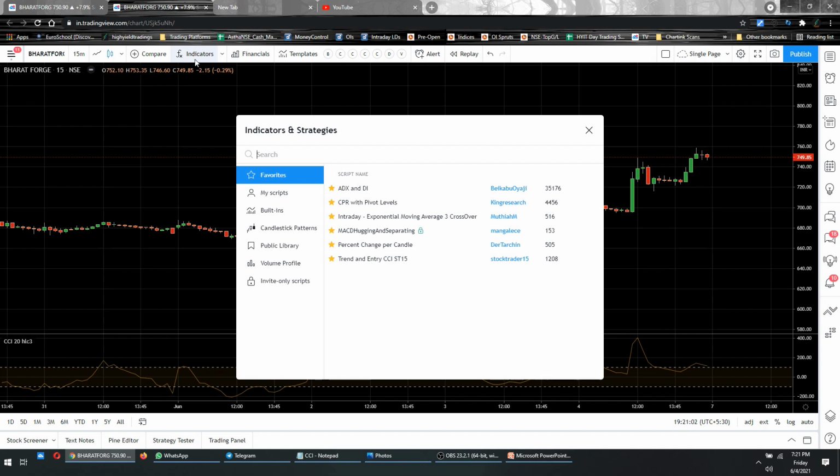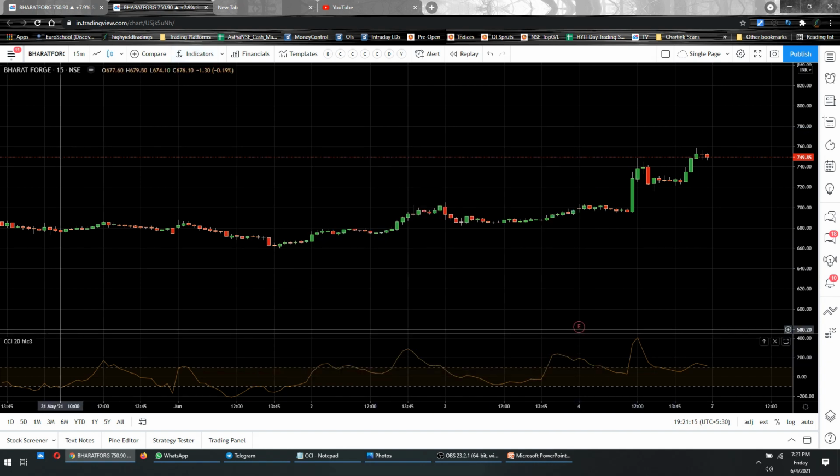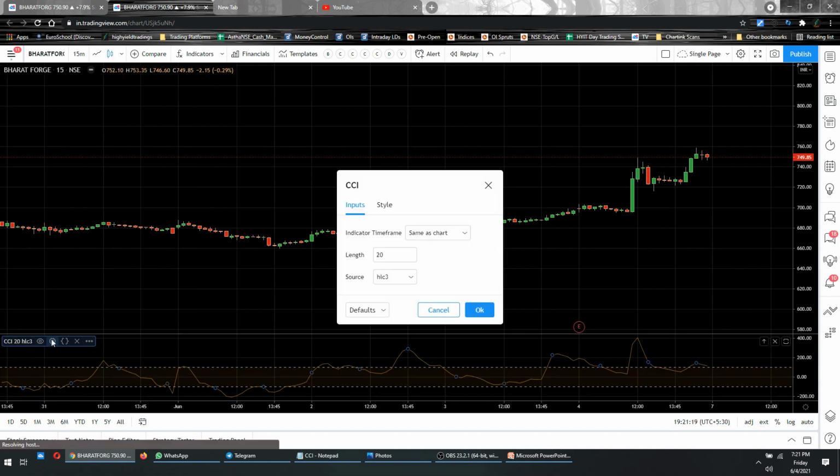So you need to click on indicators. This window will come up. Just type in CCI there and you can see the Commodity Channel Index. Click on it, close this window, and you will have CCI plotted here. Now you need to go to the settings and change the length. By default the length will be 20. Please change it to 18.